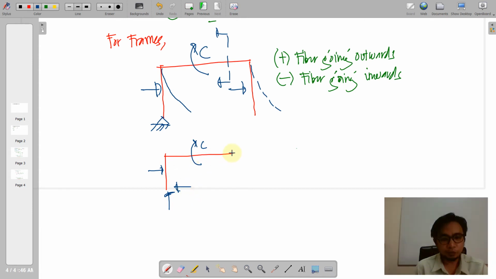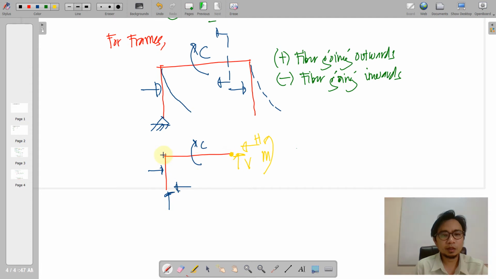Of course, if we cut a certain section, there will be an internal shear that is developed, an internal horizontal force, say H, and an internal couple here. So if we take moments at this point, what will be the sign of C? We're going to pin this and then apply the C. And what will be the behavior of your frame?